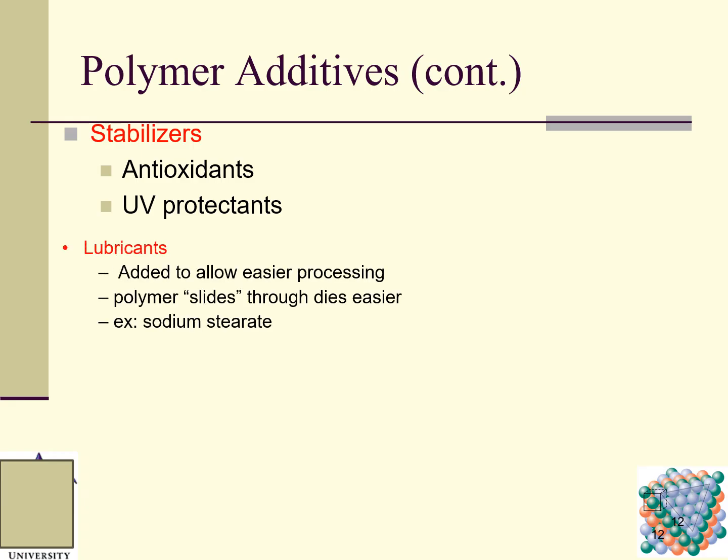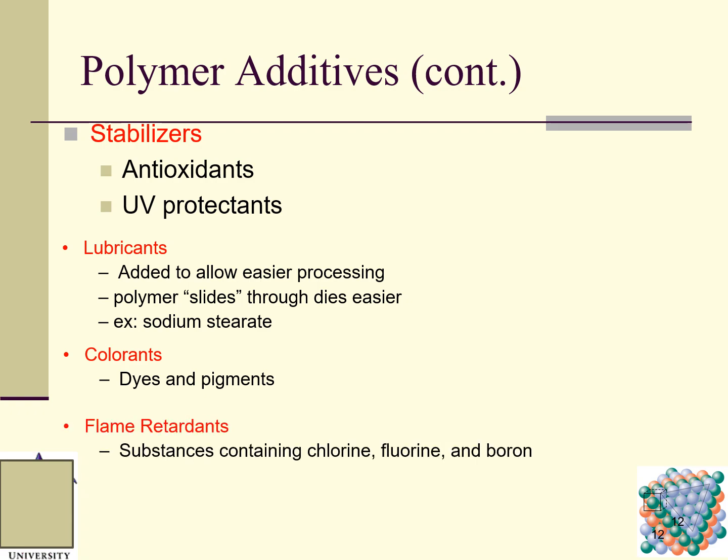And lubricants, added to allow easier processing, so the polymer slides through the dies easily. For example, sodium stearate. And colorants, the dyes and pigments. And flame retardants, substances containing chlorine, fluorine, and boron.